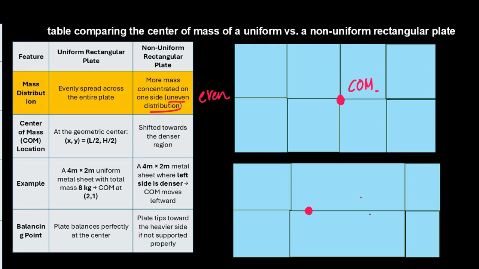So this is the center of mass of even, and this represents the center of mass of uneven distribution, which has shifted by this length over here. Okay, I hope that makes sense.